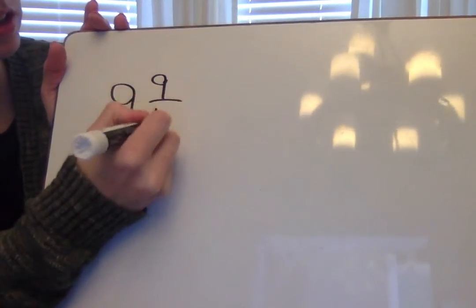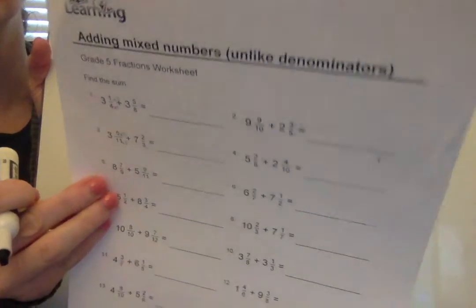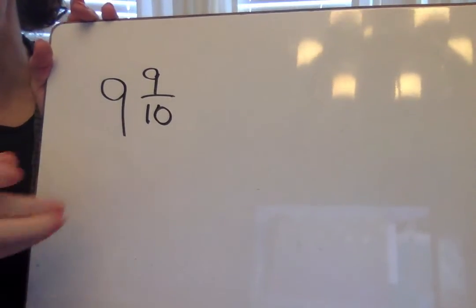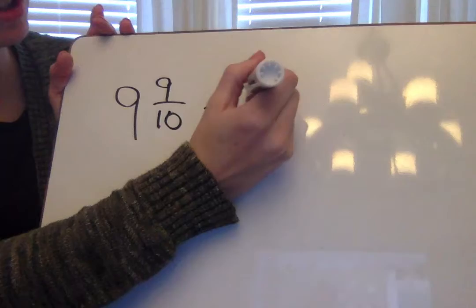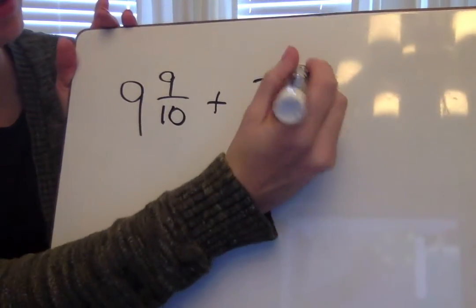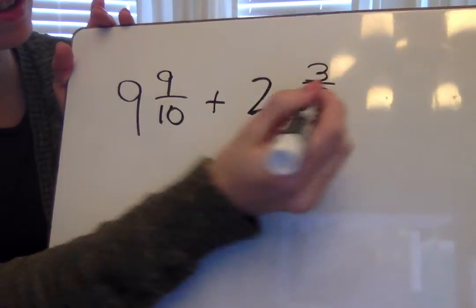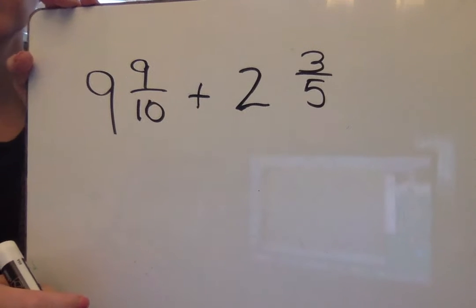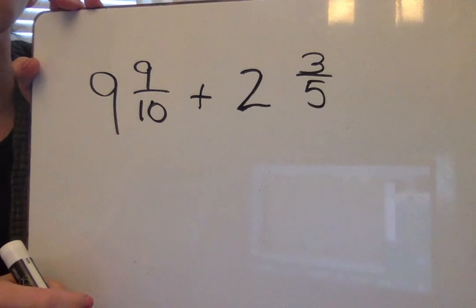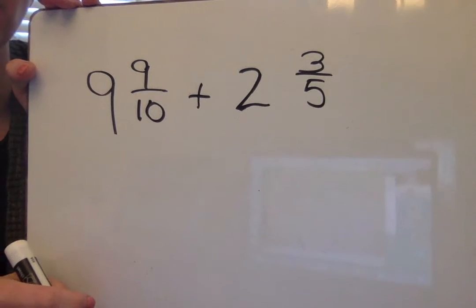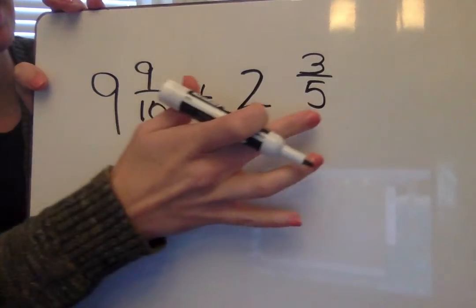Okay, so the second one is going to be 9 9/10. And follow along. It's this paper right here. Okay, just follow along. 9 9/10 plus 2 3/5. All right. Now, I'm looking at my denominators again, and I see that I have one with a 10 and one with a 5.